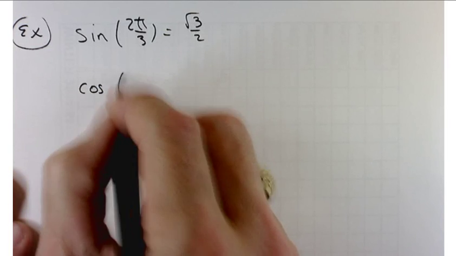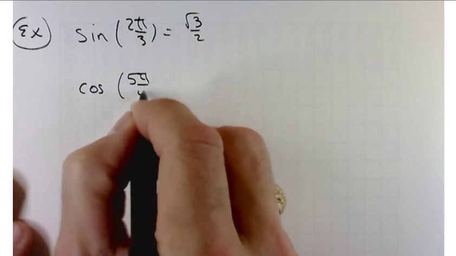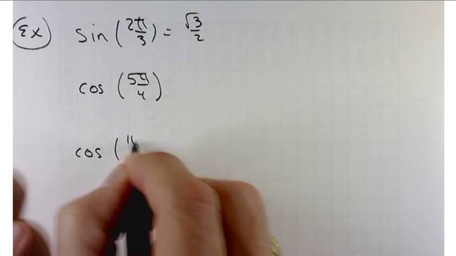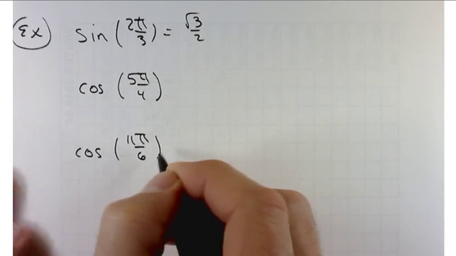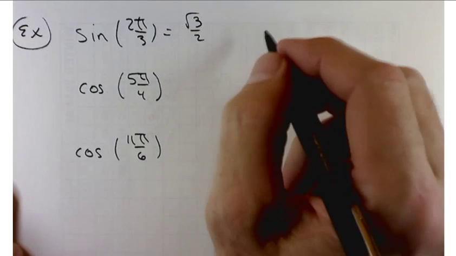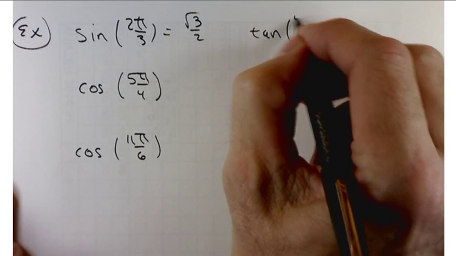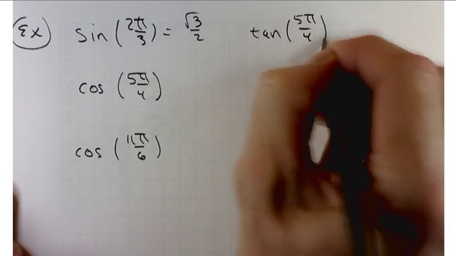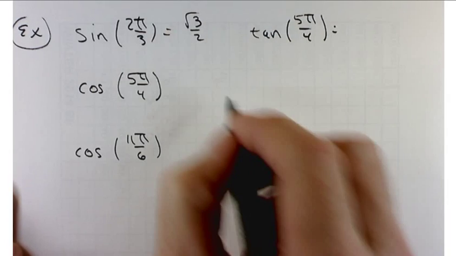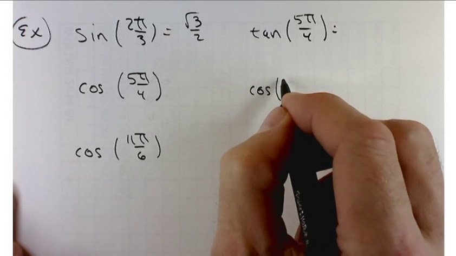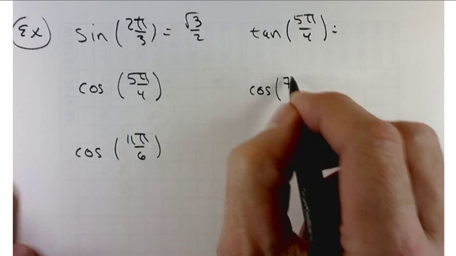Cosine of 5 pi over 4. Cosine of 11 pi over 6. Tangent of 5 pi over 4. Cosine of 7 pi over 6.